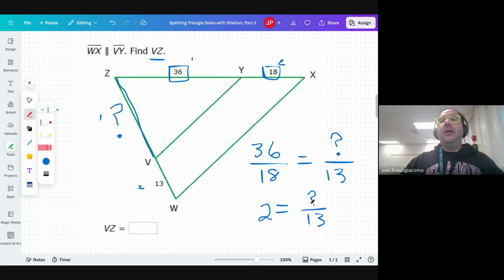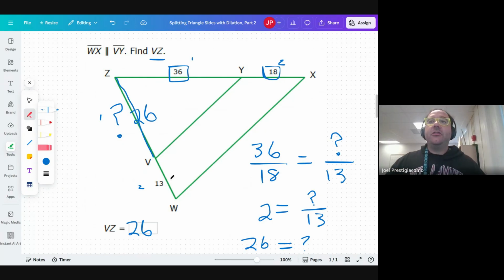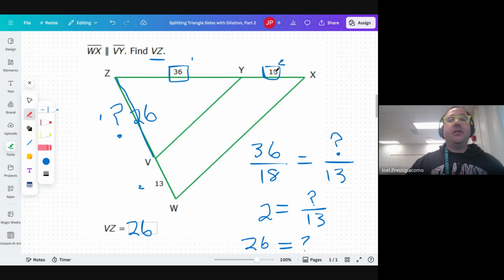So what number divided by 13 makes 2? Well, this is just 2 times 13. So our question mark here is going to be 26. This makes sense if you think about it: 26 compared to 13, which is double 13, is the same as 36 over 18, which again is double.